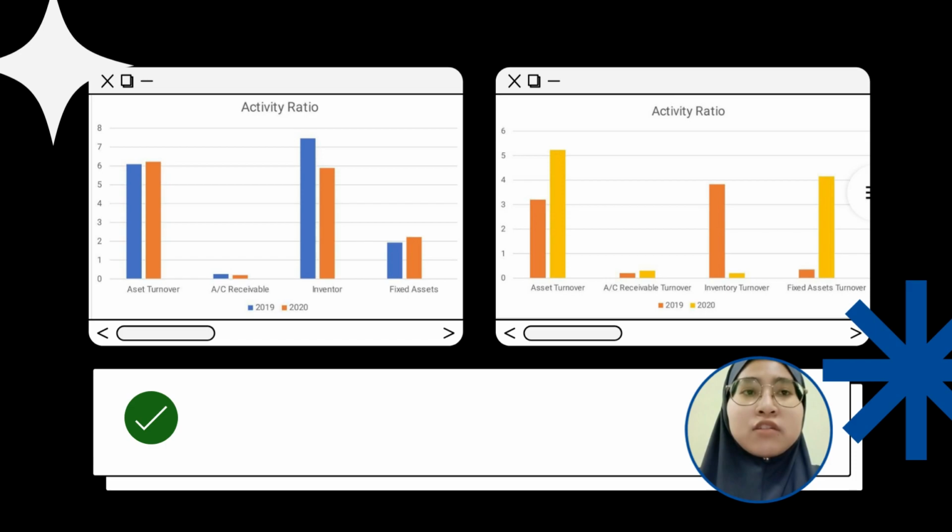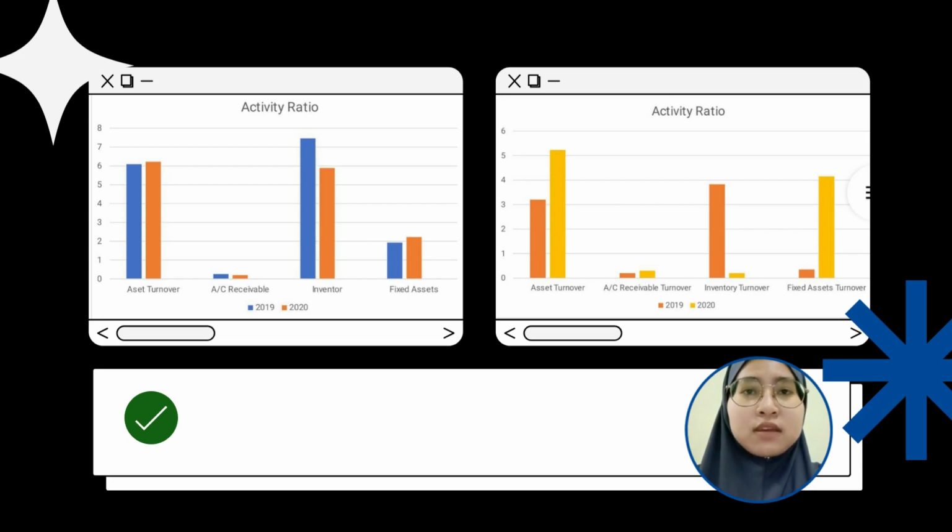For inventory turnover, in 2019 it is 7.46 and decreased to 5.89. From 2019 to 2020, the fixed asset turnover shows an increase from 1.93 to 2.22.